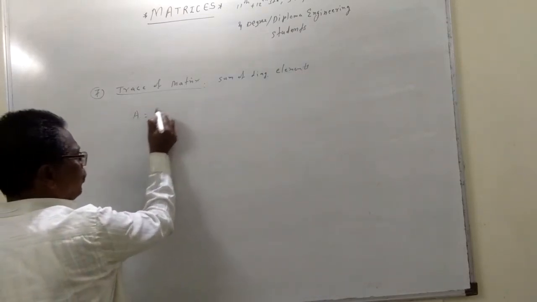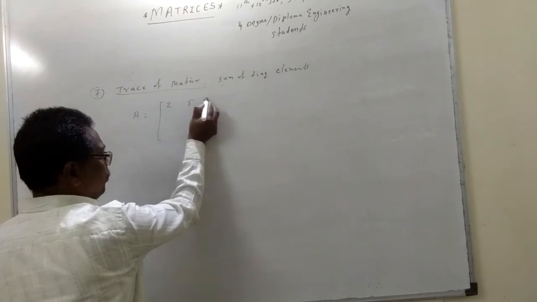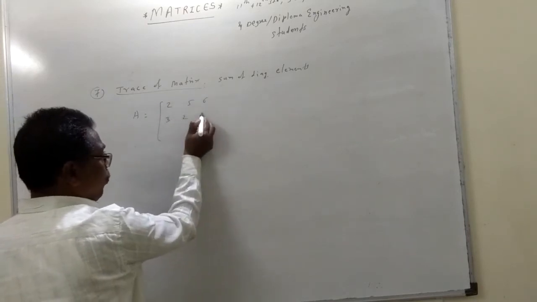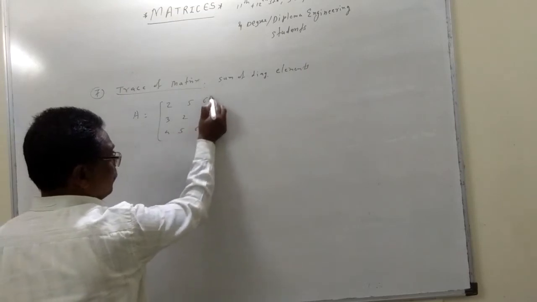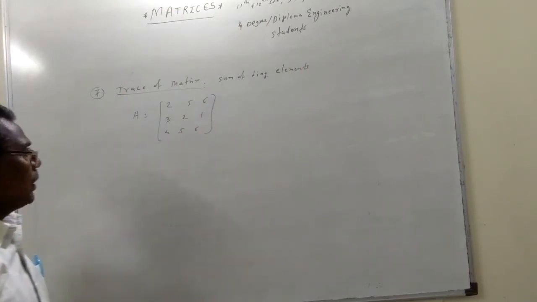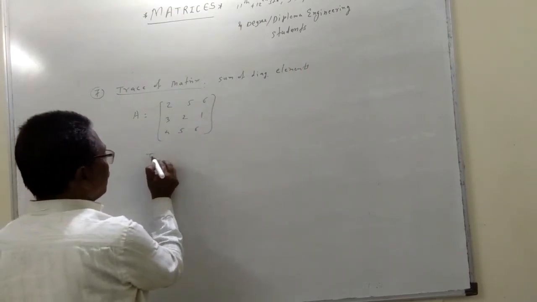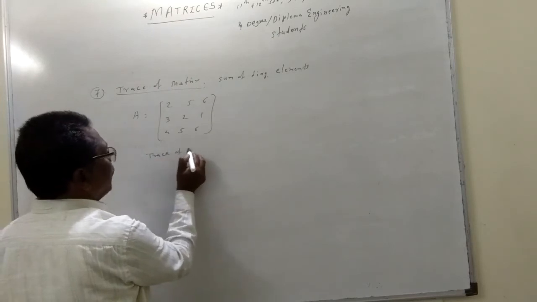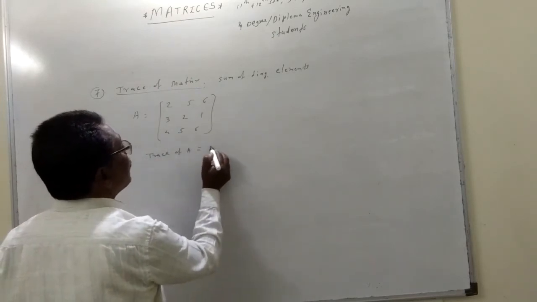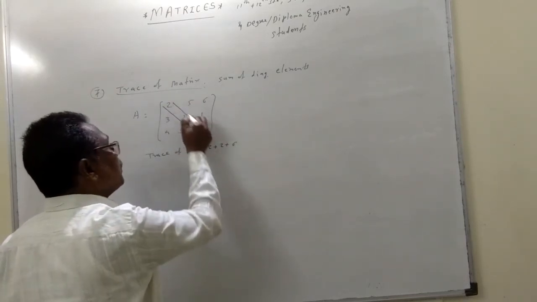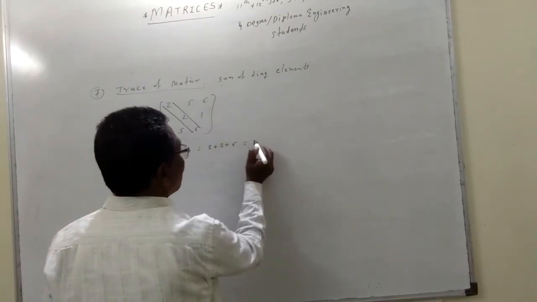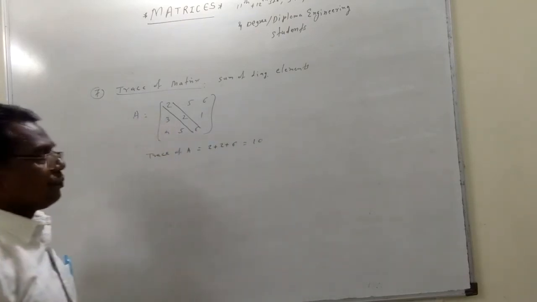So A is equal to, suppose you consider a square matrix [2 5 6; 3 2 1; 4 5 6]. And if they ask what is the trace of this matrix, trace of A equals 2 plus 2 plus 6. So you do the addition of these principal diagonal elements. So that is equal to 10.